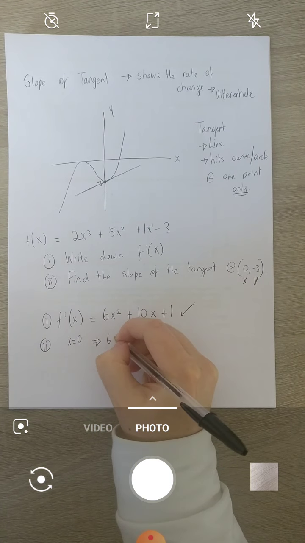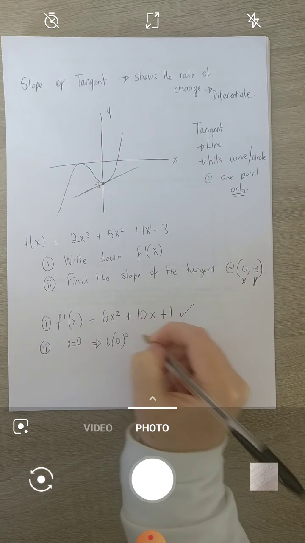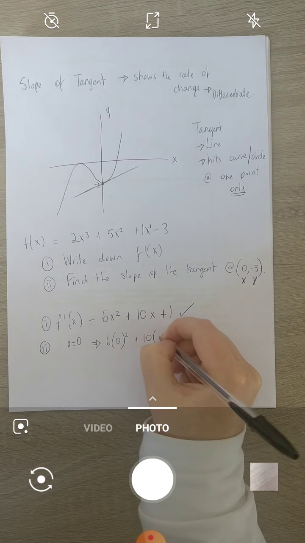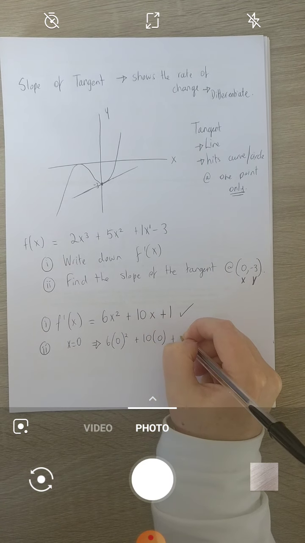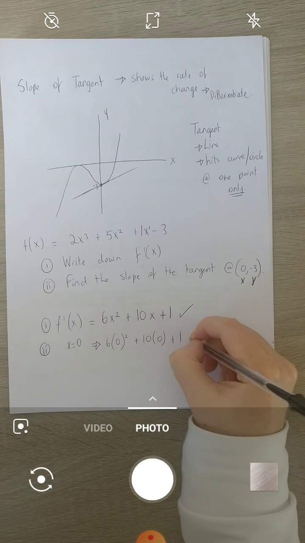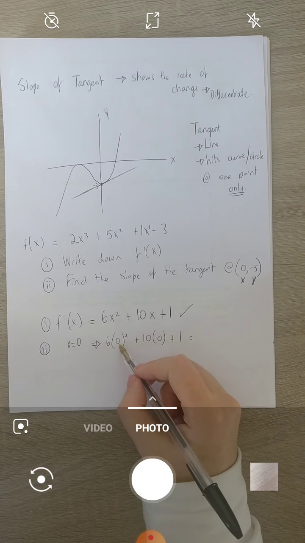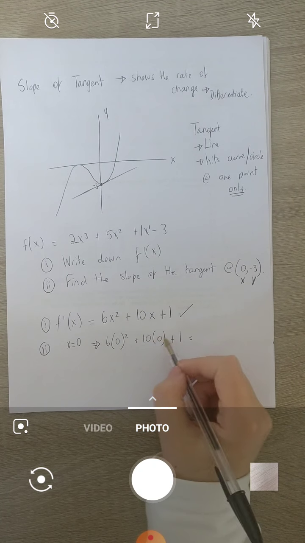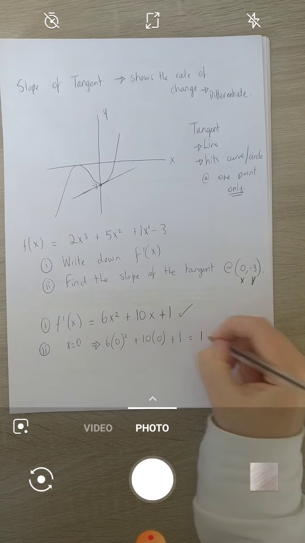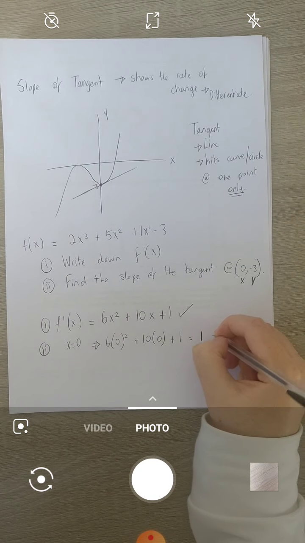So we're going to sub that in. So 6 times 0 squared plus 10 times 0 plus 1. If we work that out, 0 squared is 0, 6 times 0 is 0, plus 10 times 0 is 0. So my answer for the slope of the tangent is 1.